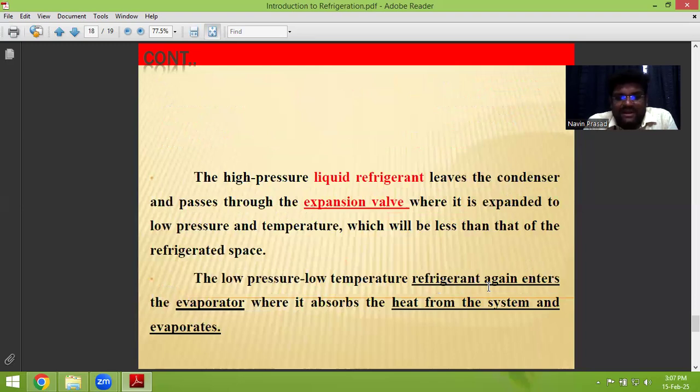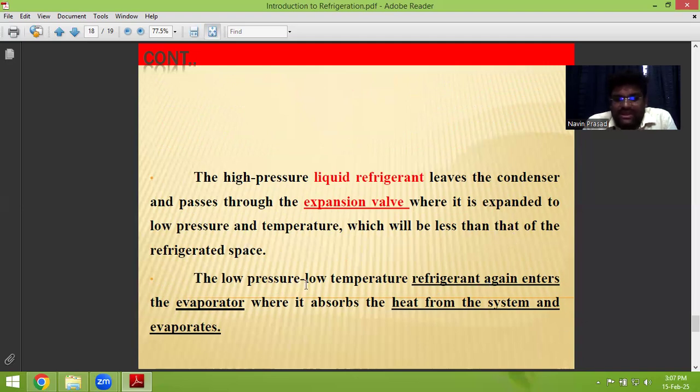The high pressure liquid refrigerant leaves the condenser and passes through the expansion valve. In the expansion valve, the refrigerant is expanded, so its temperature and pressure get low, lower than that of the refrigerated space.